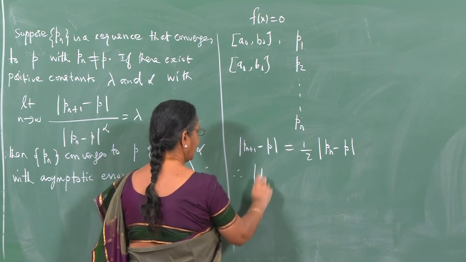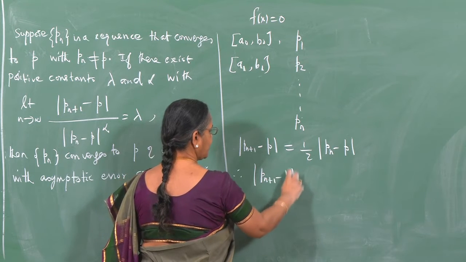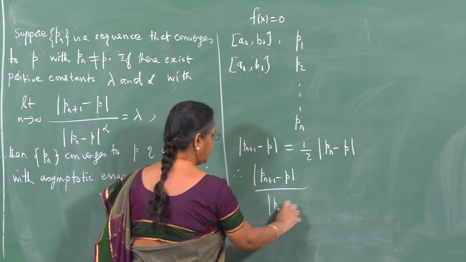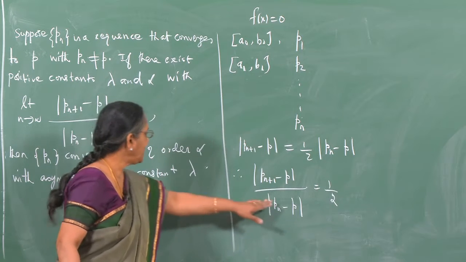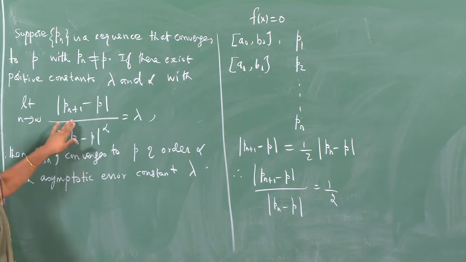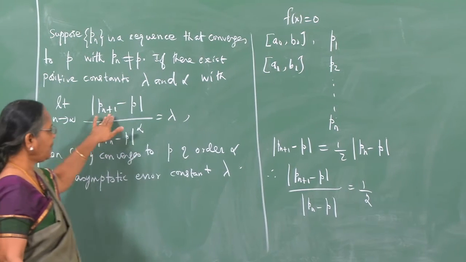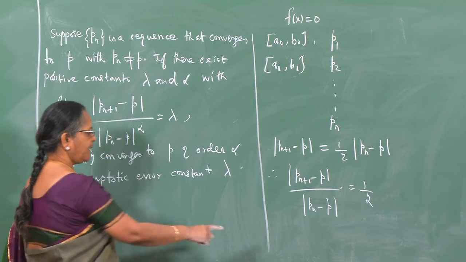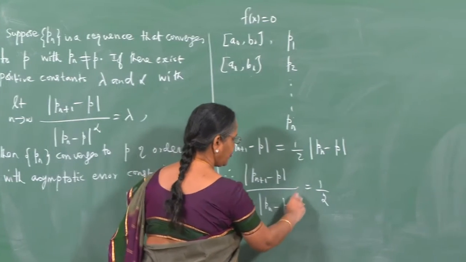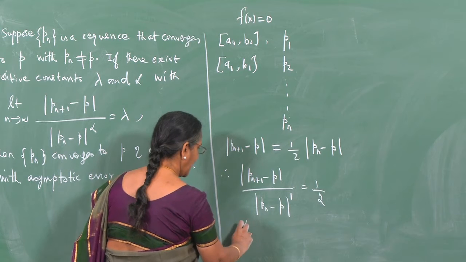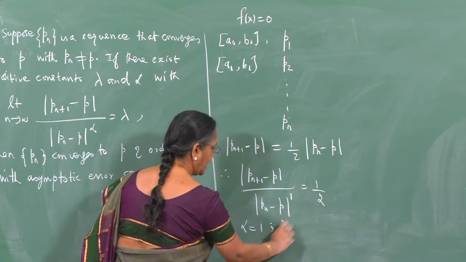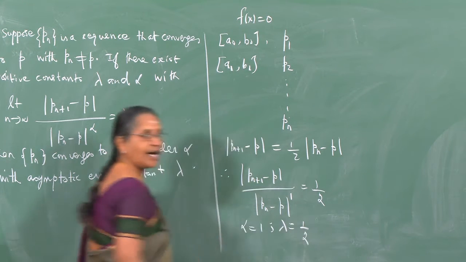And therefore, we have modulus of Pn plus 1 minus P divided by modulus of Pn minus P equal to half. So, we compare this with what we have in our definition. So, we have mod Pn plus 1 minus P by mod Pn minus P to the power of 1 equal to half, and that gives you alpha equal to 1 and lambda equal to half.